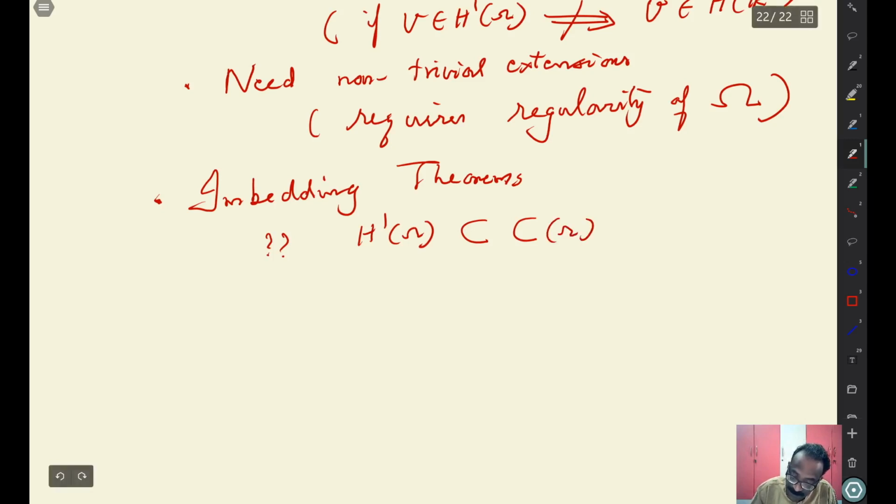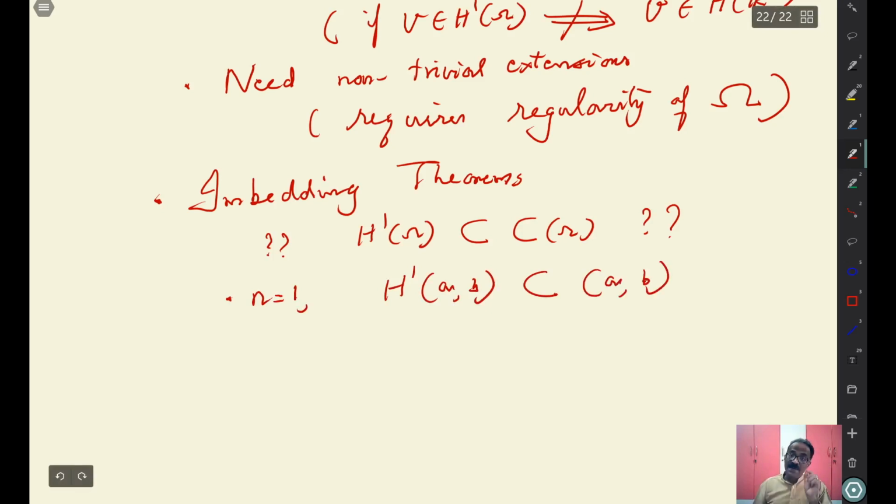In higher dimensions this is not true, but when n equals 1, H1 of the interval (a,b) is contained in C of [a,b]. H1 means the function and its distributional derivatives are in L2 in one dimension, and that implies the function is continuous.